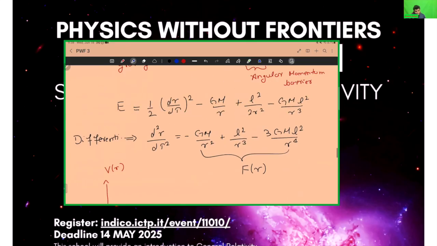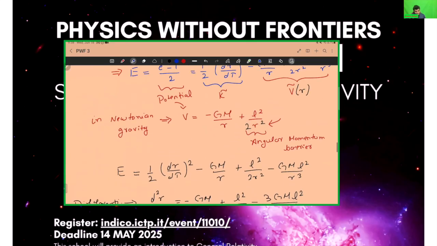So for Newton's gravity, as you can see, if r becomes very, very small, the angular momentum term dominates because it has 1 over r squared in its expression. But if r is big, then this term is negligible and this term dominates, right?